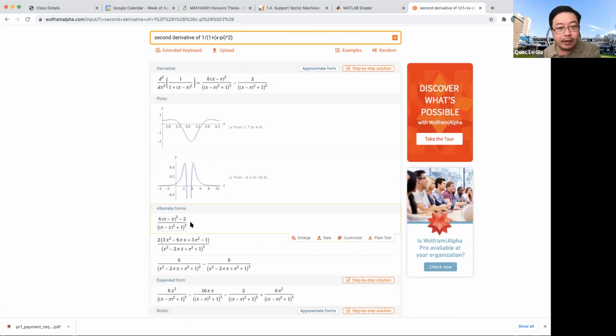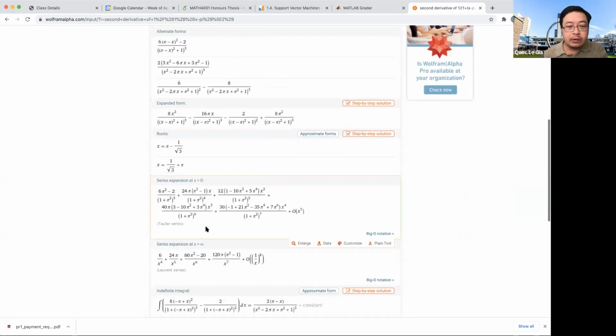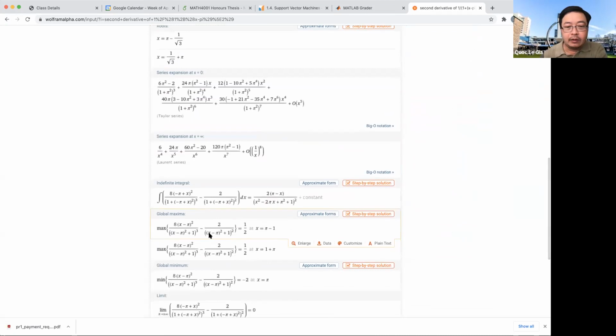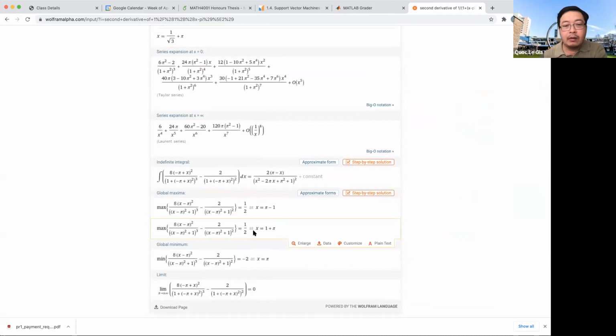Now I want to see the max value over the interval. There is a global maximum, and the max is 2.